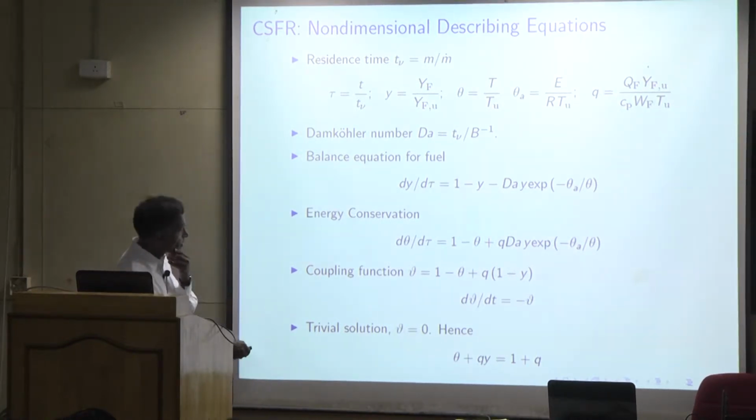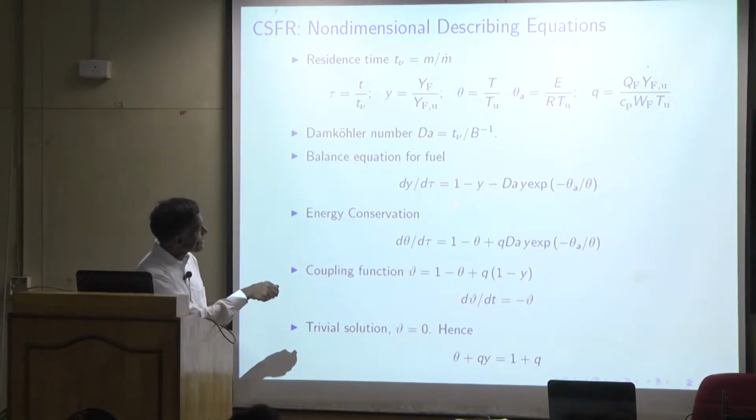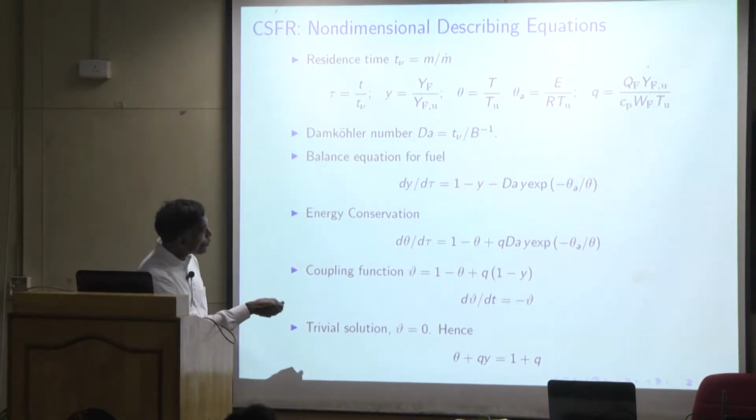Okay. So now you can immediately see that I can get a relationship between the temperature and the fuel mass fraction. Okay, so you get this relation. So this holds everywhere in the reactor. So therefore, now instead of solving these two equations simultaneously, I can select one of these equations.